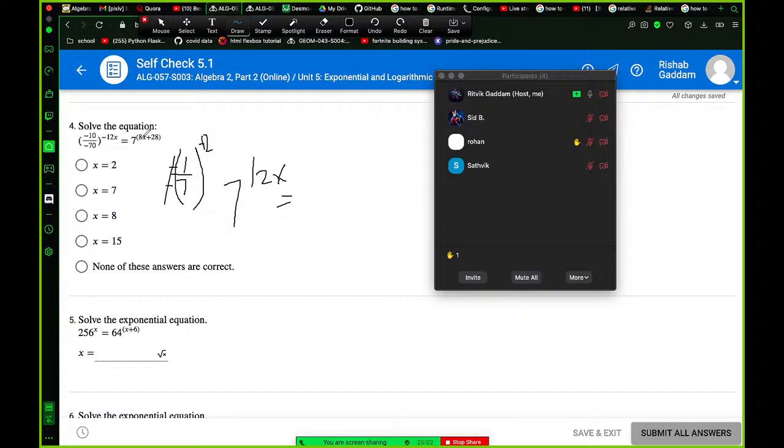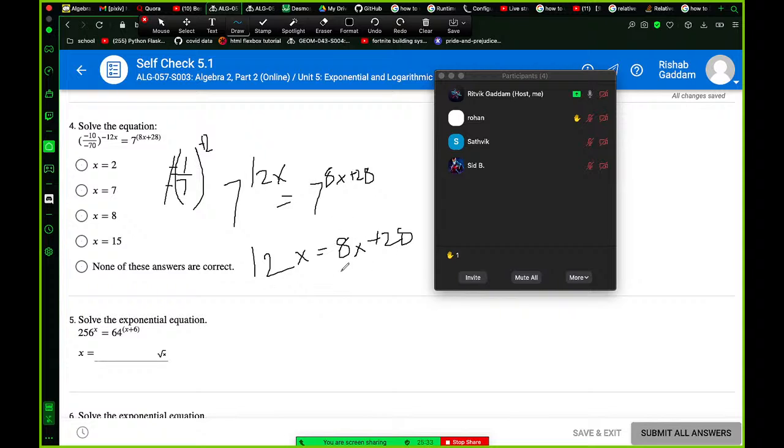So basically, 7 to the power of 8x plus 28. You set these equal to each other, and so you have 12x is equal to 8x plus 28.